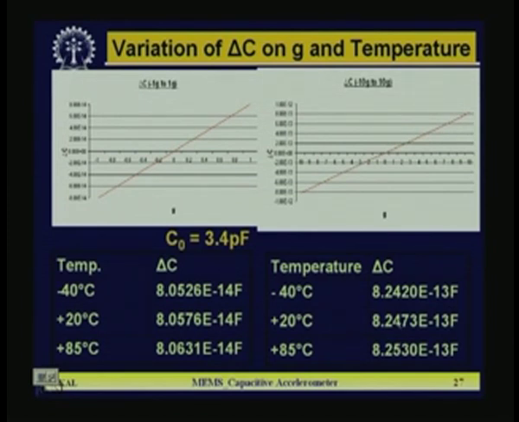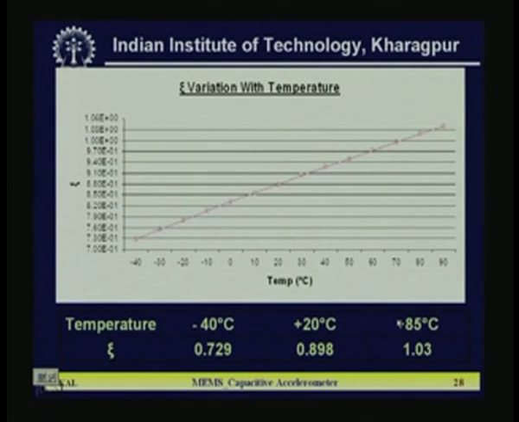Okay. Now, the variation of xi, that is the damping ratio, is also shown at different temperatures: plus 40 degree C, minus 40 degree C, plus 20 degree C, plus 85 degree C. Over the whole temperature change, we found at minus 40 C it is 0.729, at plus 20, that is room temperature, 0.898, and at plus 85 it is 1.03.